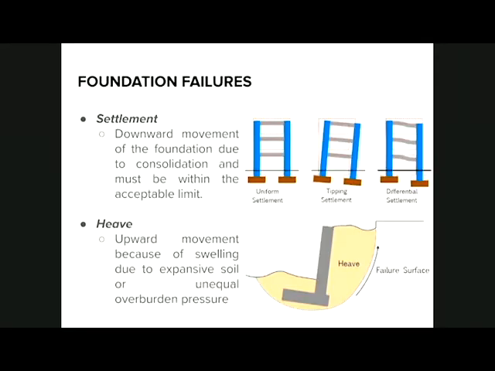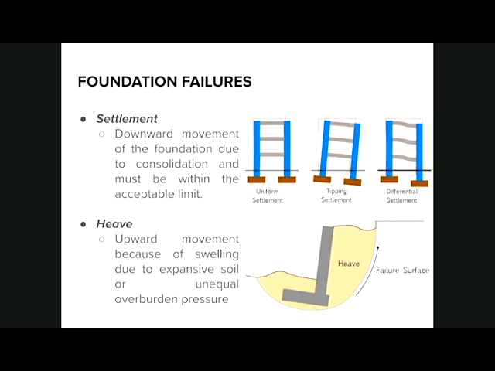Considering this slide, let's go back to what we need to consider when designing foundations. Here are the common failures that happen on foundations. First is the settlement.